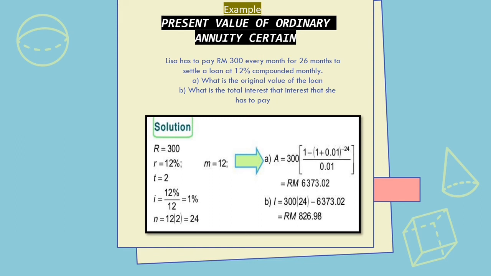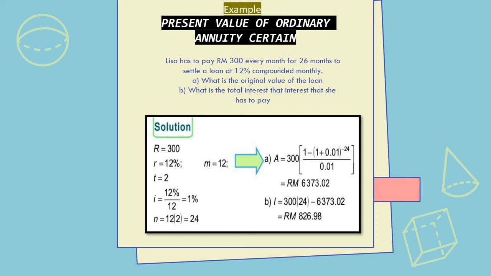So first of all, like usual, we need to find the periodic payment, find the interest rate, and so on. So the solution here: below you can see the periodic payment R is 300 ringgit, the rate is 12%, m is 12, t is 2, and the interest rate i from the formula r divided by m will become 1%.